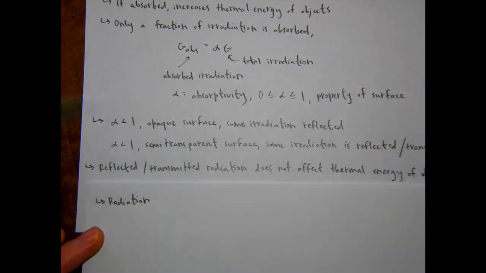But typically, good question, we consider liquids to be opaque and gases to be transparent. So essentially, you don't have much radiation being absorbed by gases. Typically, you would have radiation from an object, and then it would be absorbed by the wall behind it or something. And then solids can be opaque or semi-transparent.